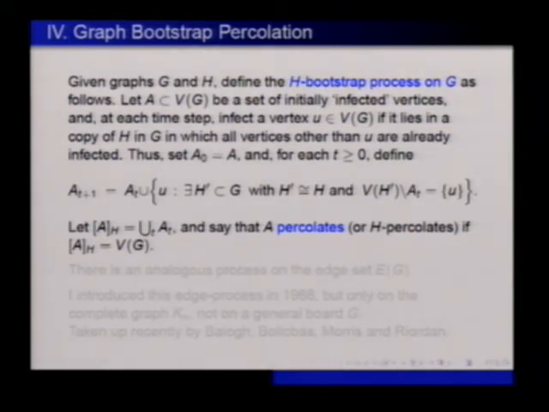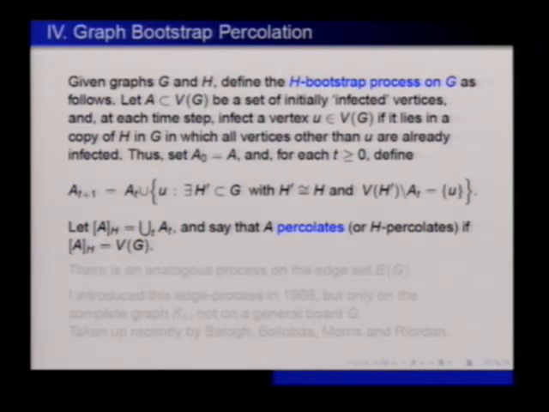So let's define H bootstrap percolation on the vertices of G as follows. As I write up there. So think of G as the board, replacing the n by n grid or n to the d grid, or whatever lattice you have in mind.